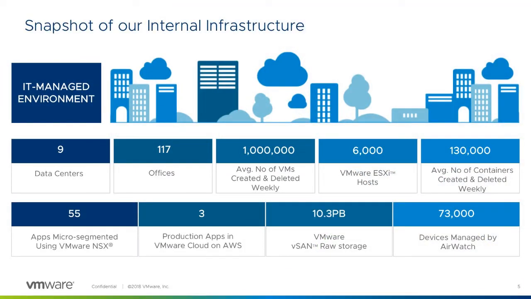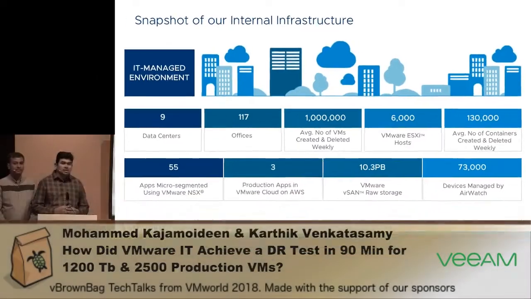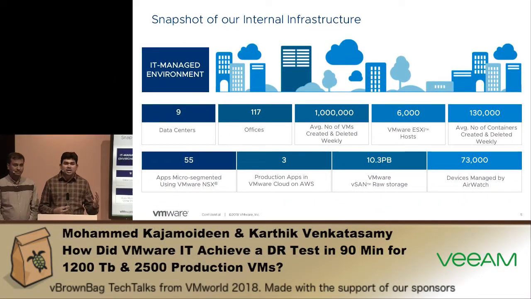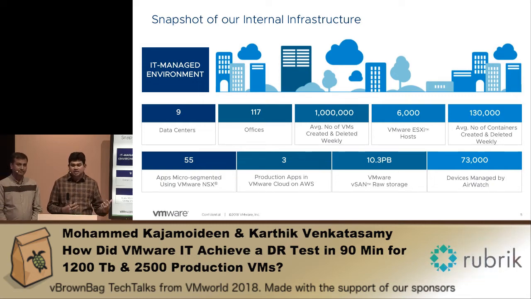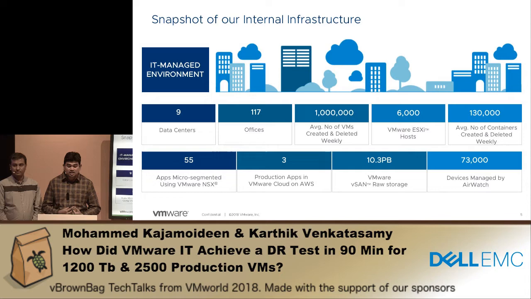So this is the snapshot of IT infrastructure. This includes VMware Corp IT and also the OneCloud Infra where your HOL labs are hosted. We have around 9 data centers and 117 offices. We have around 1 million virtual machines which are getting created and deleted weekly. We have around 6,000 plus VMware ESXi hosts, and also we are into the container space. We have around 130,000 containers which are getting created and deleted weekly.